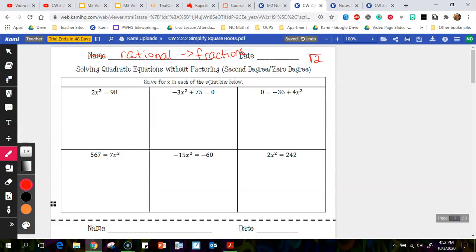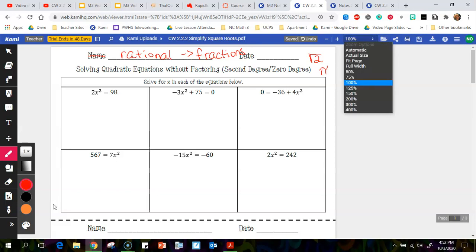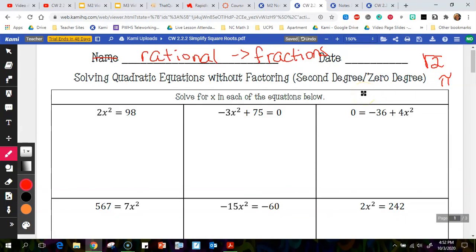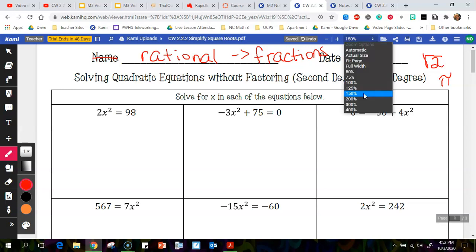All of those are called irrational numbers because they can't be written as a fraction. So rational numbers can be written as fractions. Irrational numbers cannot be written as fractions. So we leave them in this radical form, or we use the symbol pi. That's just a review from the notes. We talked about that a little bit, but I don't know if I did a very good job explaining it.